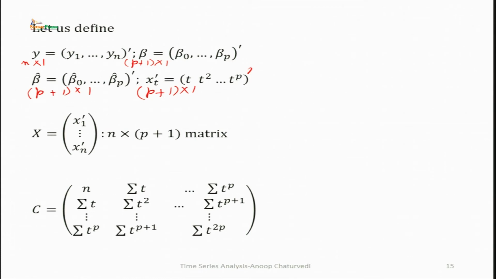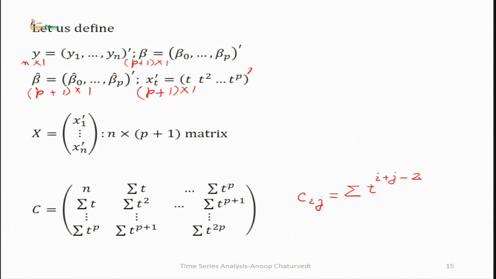and C is the matrix formed by different sum of squares of t. First element is n, 1/2th element is summation t, 2/2th element is summation t square, and so on. In fact, you can easily verify that its ijth element is equal to summation t to the power i plus j minus 2.